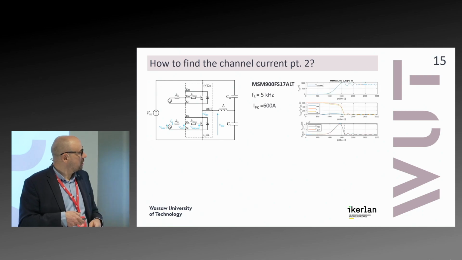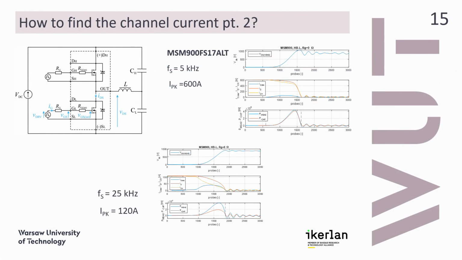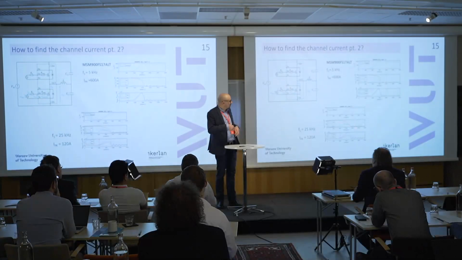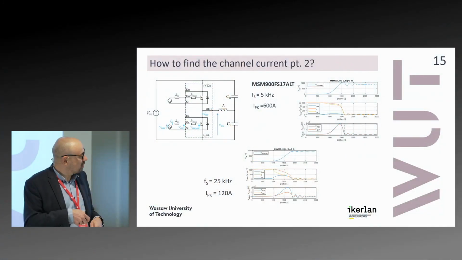So the same module, different test conditions, using this second method. What we can see is basically that for low current, right here it was like 120, the difference between drain and channel current is pretty significant.